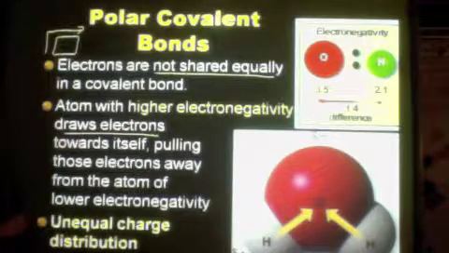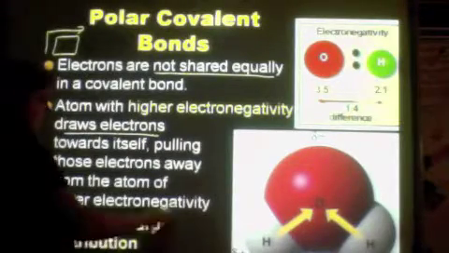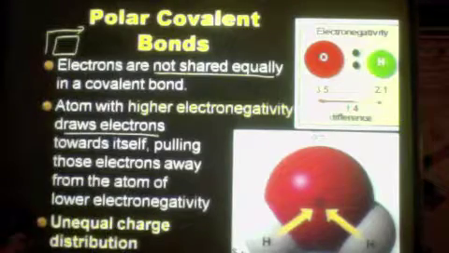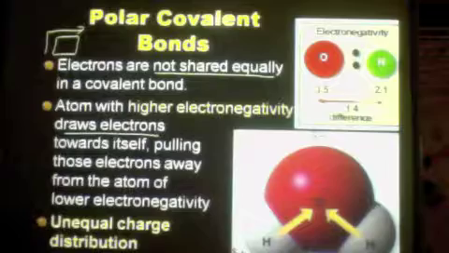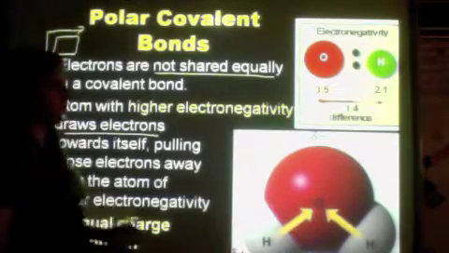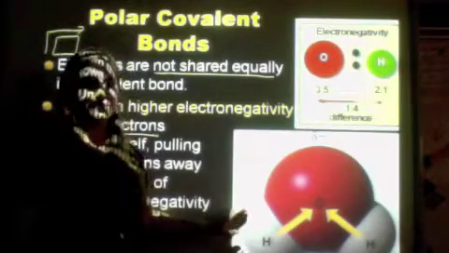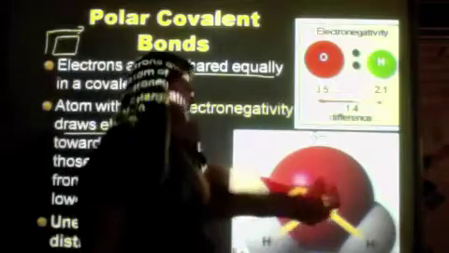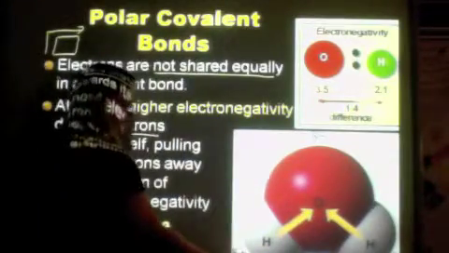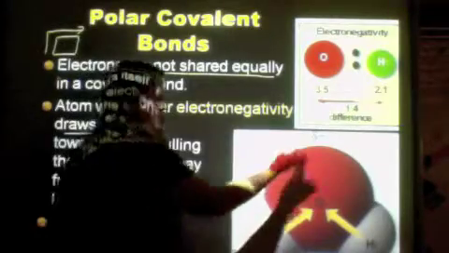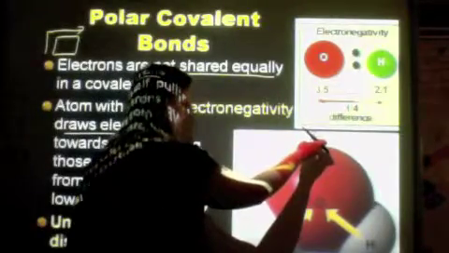And then the other atom is losing that electron. So there's an unequal charge distribution. For the water example, oxygen is furthest to the right, so oxygen is going to be the electron hog. This causes hydrogen to have a partial positive charge and oxygen to have a partial negative charge.